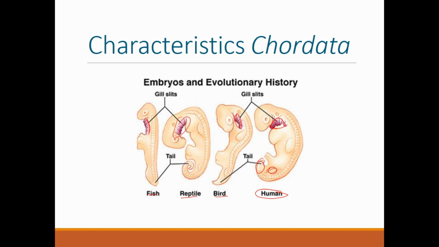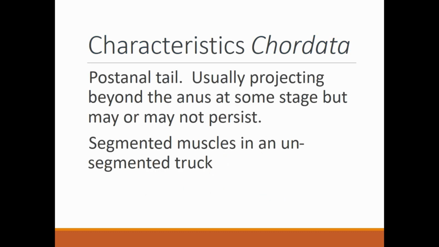We do still have a tailbone called the coccyx. For those of you that came out of my anatomy class, hopefully that sounds familiar. But as we grow and develop, we don't really establish a visible postanal tail. But we had one during our embryological development, again suggesting evolving from a tailed animal. They have segmented muscles and an unsegmented trunk.